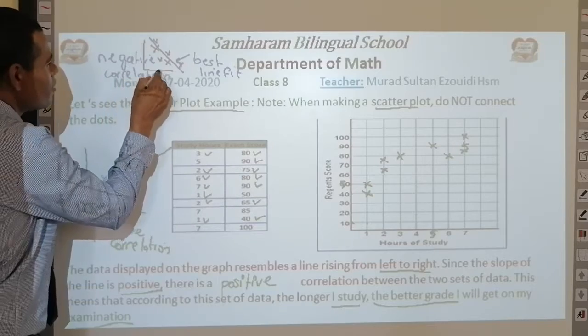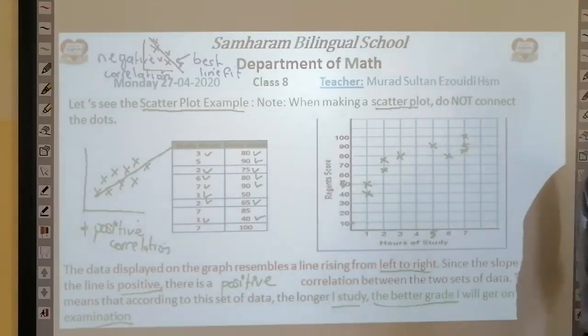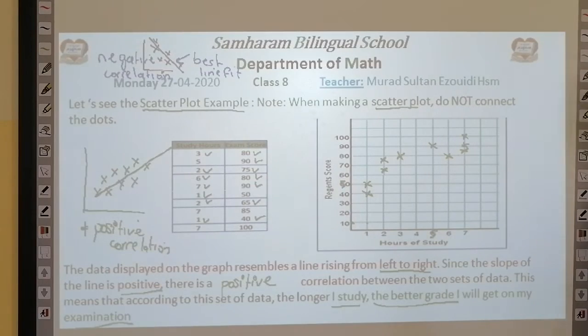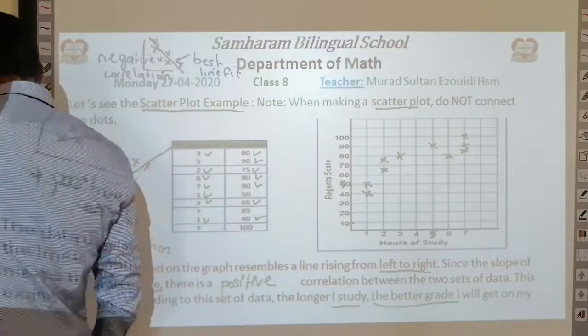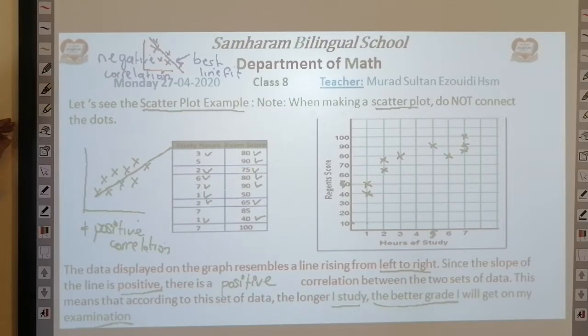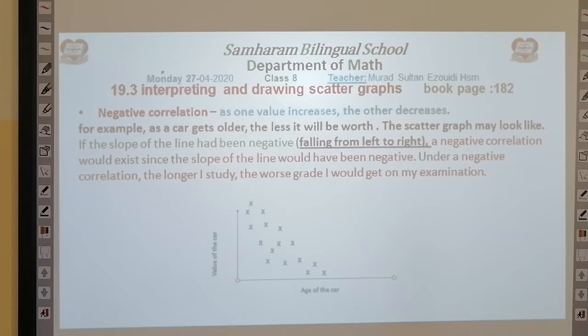Okay? So positive and negative correlation depends on the line of best fit, or on the gradient, or on the slope of the best line fit. Now move to negative correlation. Means what?